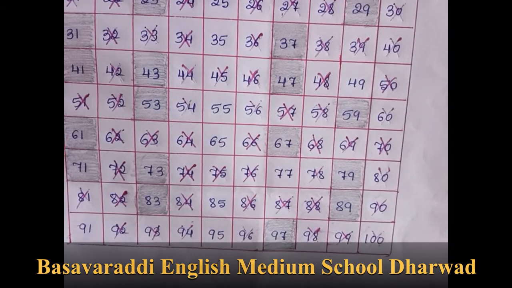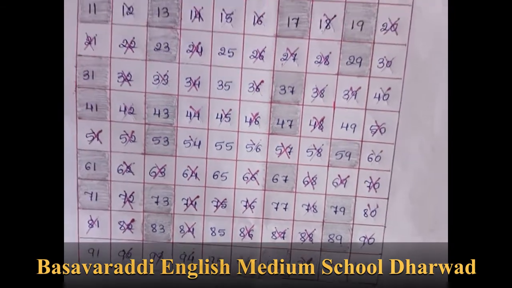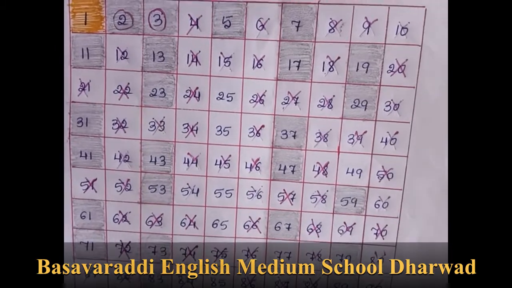Okay, whichever we crossed out now, these are all the multiples of 3.